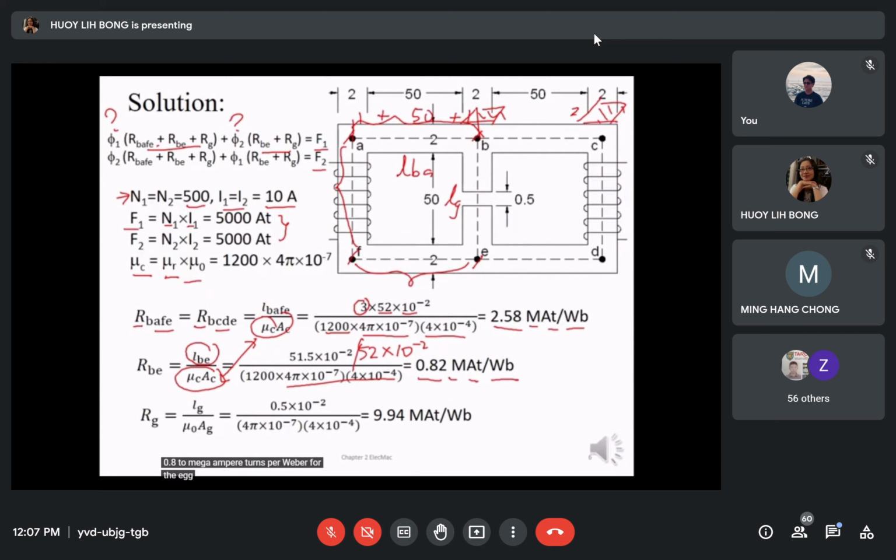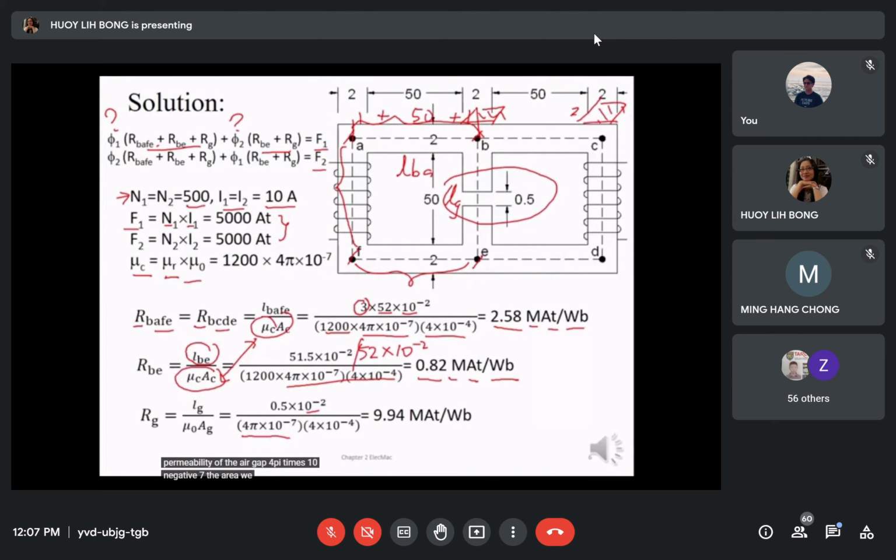For the air gap reluctance, we divide the length of the air gap, which is 0.5 centimeter, changed to meter, by the permeability of the air gap, 4 pi times 10 to the negative 7.